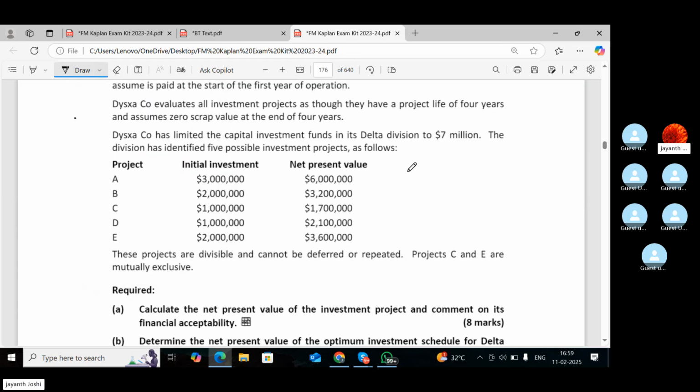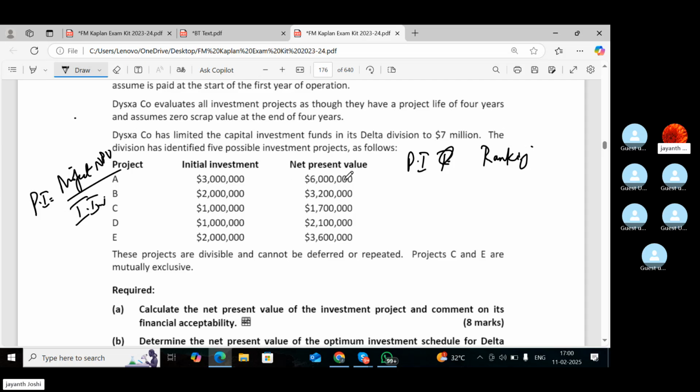So we will do the PI, okay, profitability index ranking. So profitability index is nothing but NPV by the initial investment. PI is equal to project NPV by initial investment.